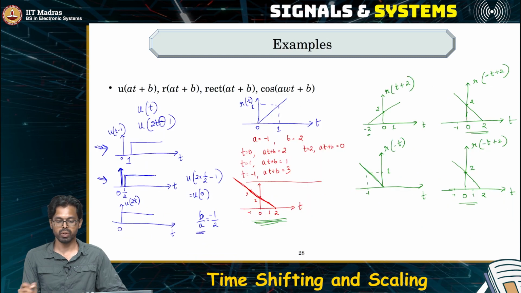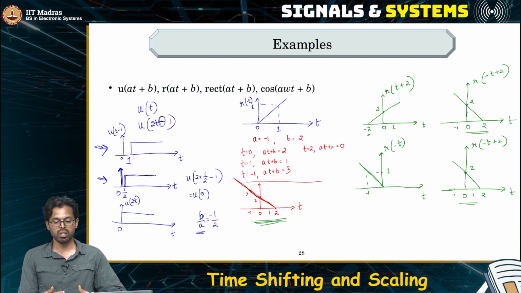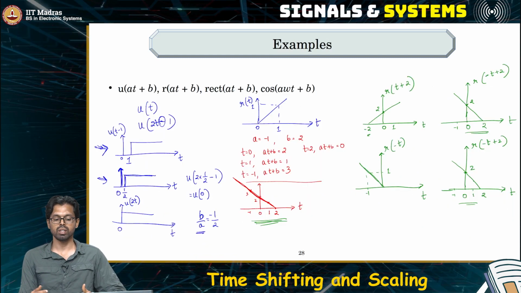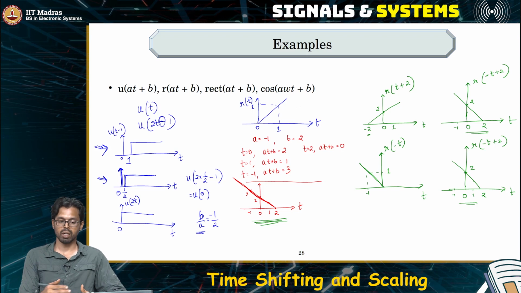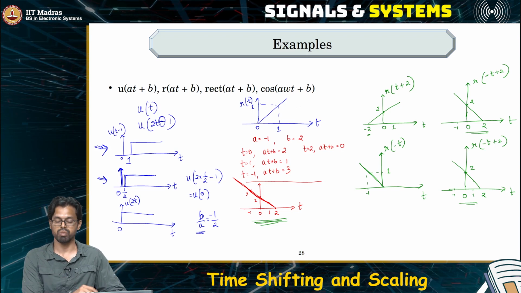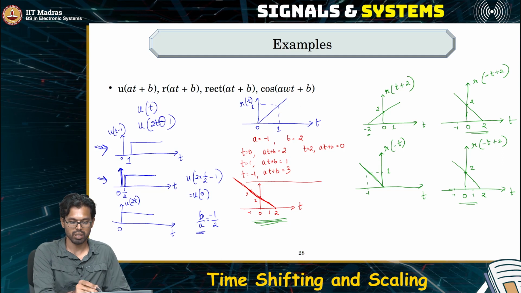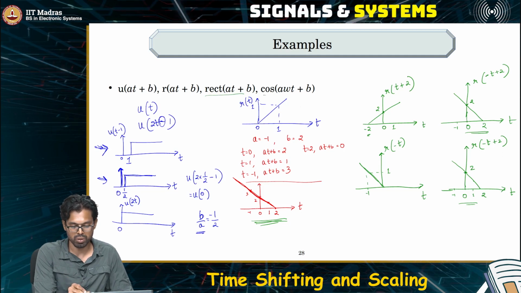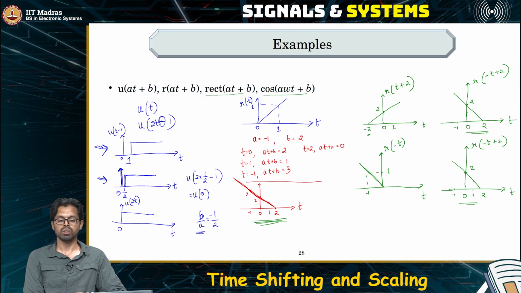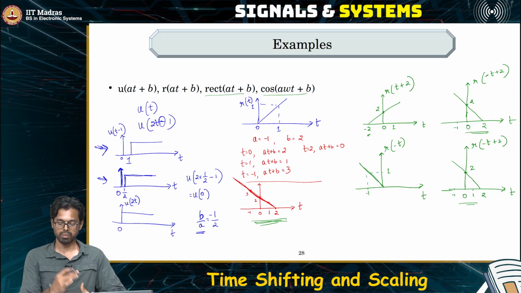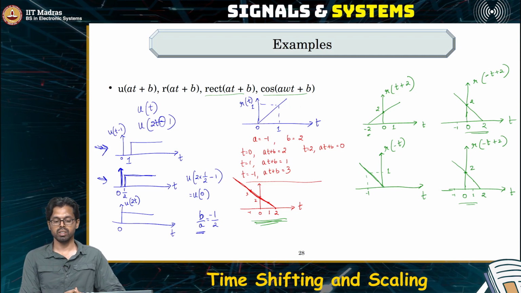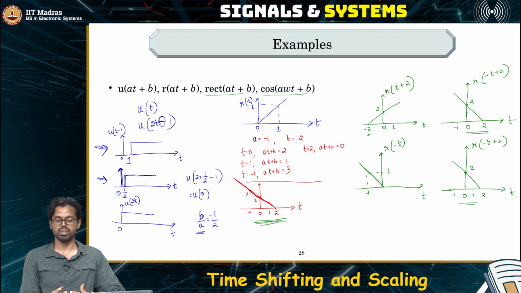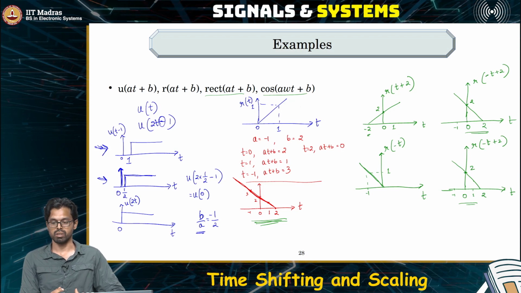So there are 3 different ways of computing this new signal. Remember, this is a new signal altogether, and it can be obtained in 3 different ways, and this is what we have seen now. In similar fashion, you can compute what happens to this rectangular function and this cosine function. Okay. So in the next lecture, we'll see some more examples of what happens to different signals when we scale and then when we shift.